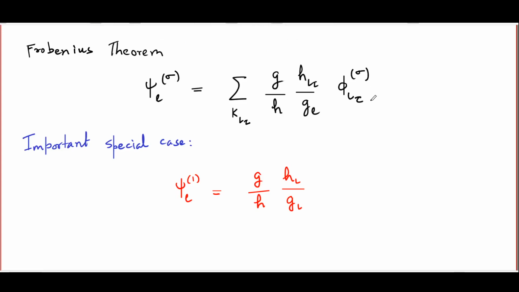So this is really phi L tau sigma, the simple character corresponding to the L tauth class of H, of course corresponding to the sigmath irrep.